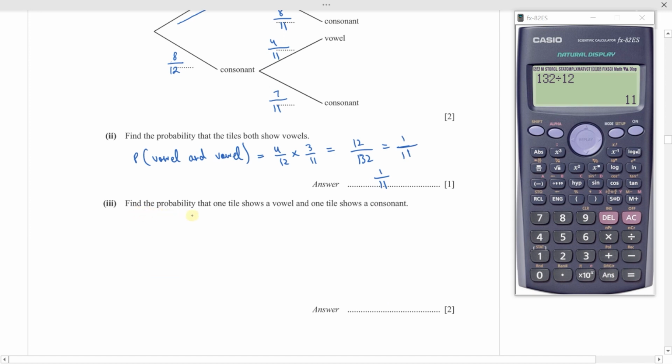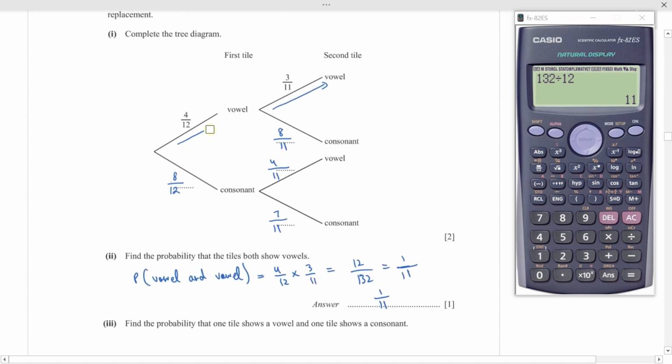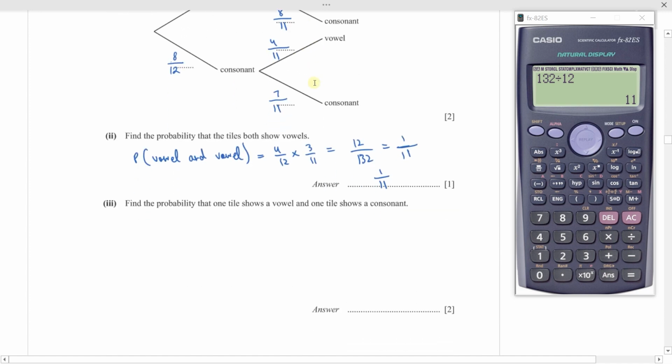Part 3 is find the probability that one tile shows a vowel and one tile shows a consonant. So I'll remove this. So now you have to find the probability of one tile vowel and one tile consonant.